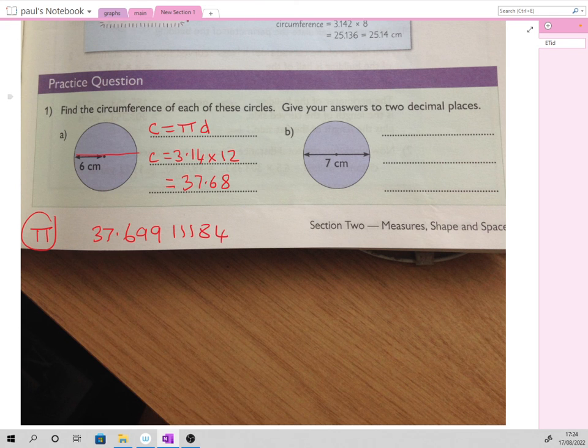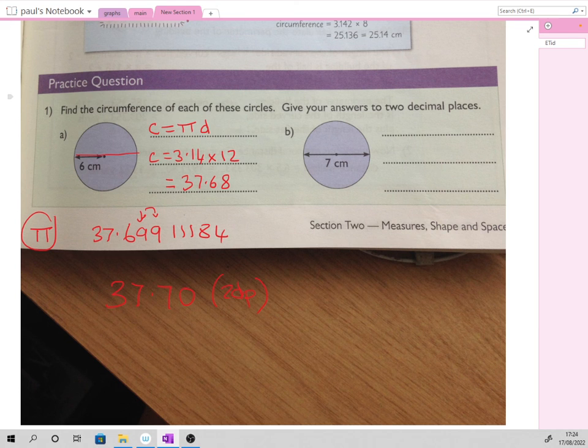Now, if I want to round that to 2 decimal places, I go there. Oh, this is awkward, isn't it? And I go there. And so that 9 is more than 5, so that makes that 10, and that makes that 7. So I've got 37.70 as 2 decimal places. Yeah, that's a bit weird, that one.